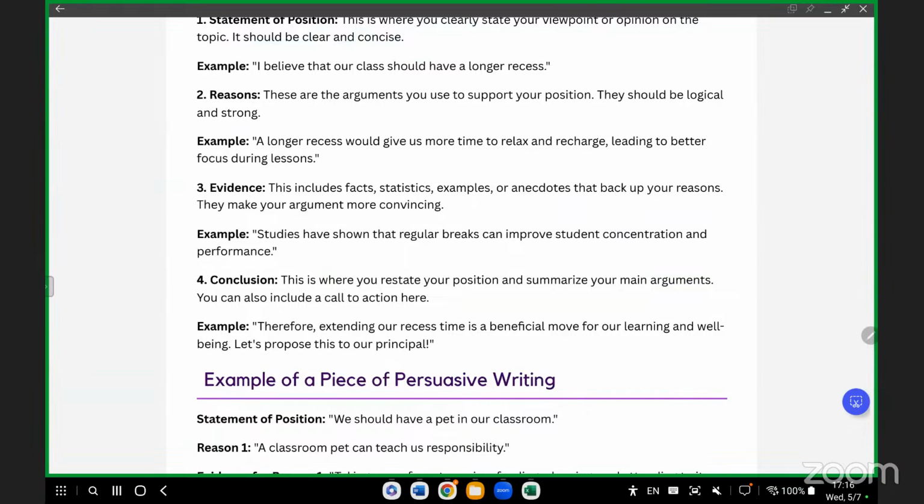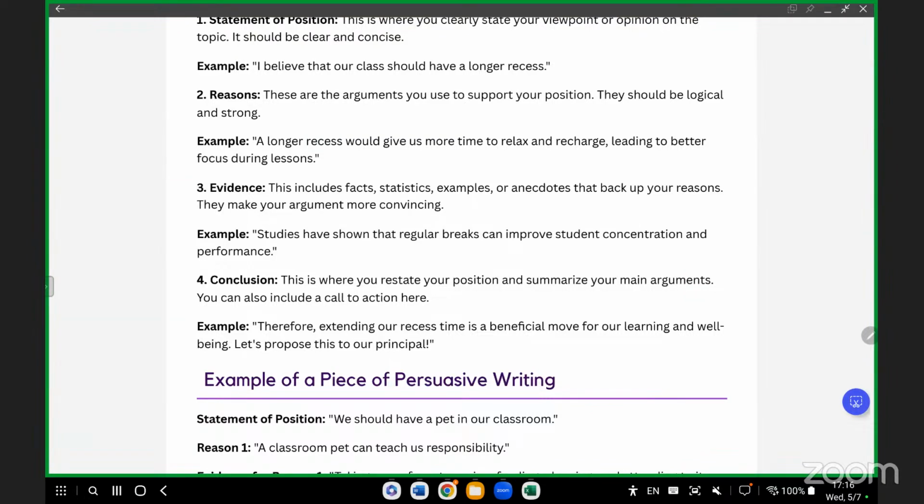And finally, you want to write your conclusion. And this is in a teal paragraph. This is just the same as your linking sentence. So this is where you restate your position and summarize your main arguments. You can also include a call to action here. And a call to action is just like a sentence that encourages the reader to do something.